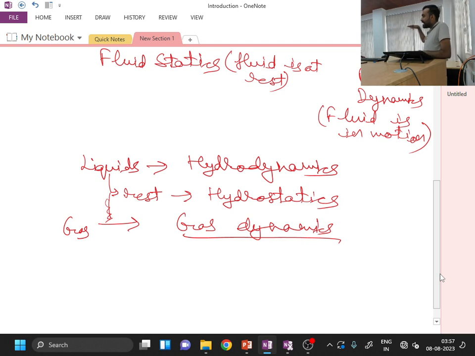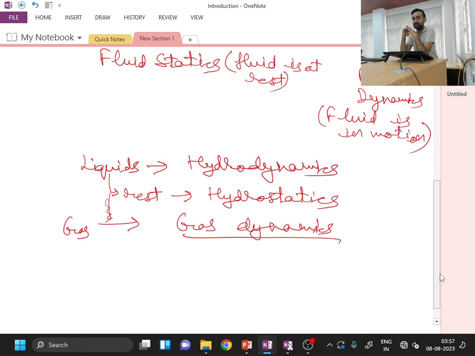Similarly, if you have an aeroplane moving at very high velocity and that aeroplane is interacting with the surrounding air. Obviously in the atmosphere what you have is air. So whenever the aeroplane will be interacting with the surrounding air, and if it is moving at high velocity, then also we will be finding that in different locations of the flow field we will be having different values of density.